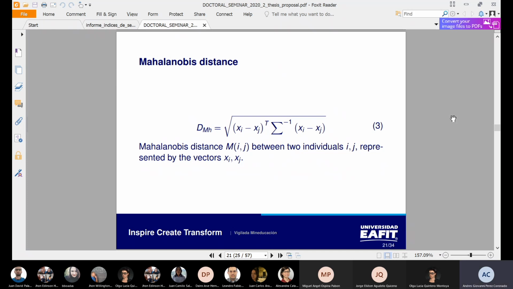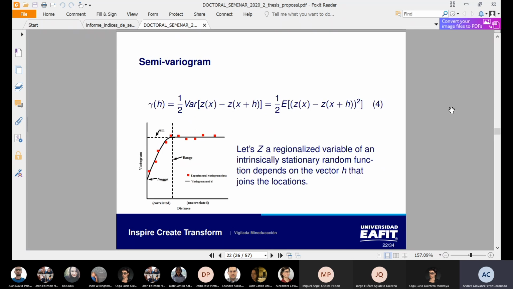And it is because we can see here that they take into account the covariance matrix, the inverse of the covariance matrix. The semi-variogram takes into account the same. The variogram just takes the regionalized variable z, that could be homicides or murders, as an intrinsically stationary random function depending on vector h.